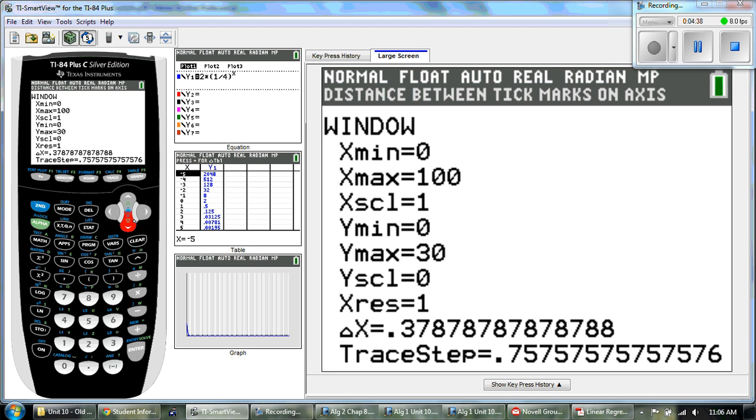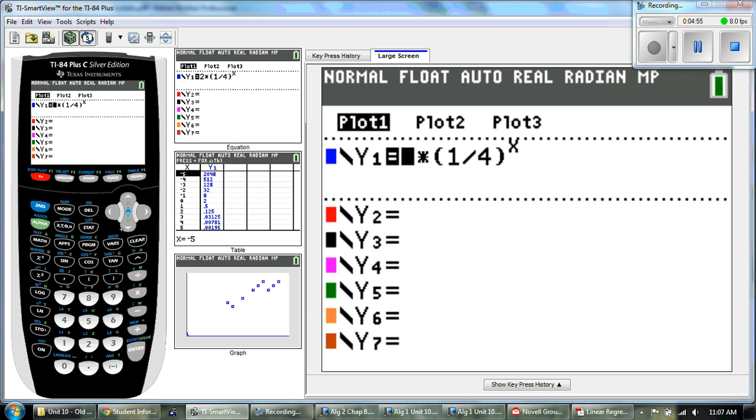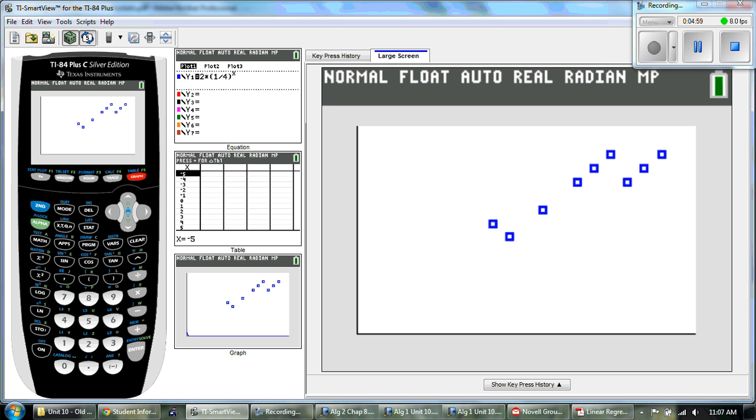Okay? Now, if we graph this, x-scale should be 0. Okay, so now when I graph this, oh, sorry, I have another equation still in there. Let's get rid of that. There we go.